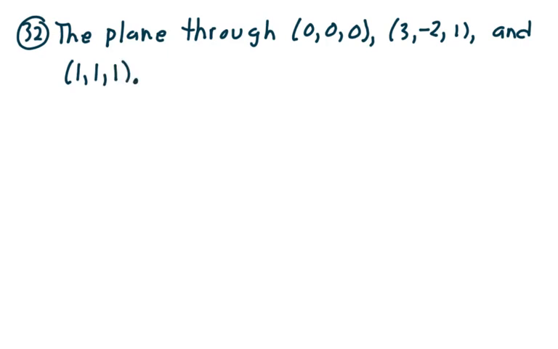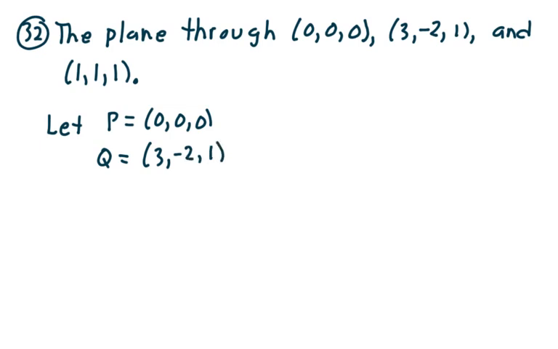So I'm going to do exactly the same thing as I did in problem 31. I'm going to let P equal the point (0, 0, 0). Q is going to be the point (3, -2, 1). And then R is the point (1, 1, 1).